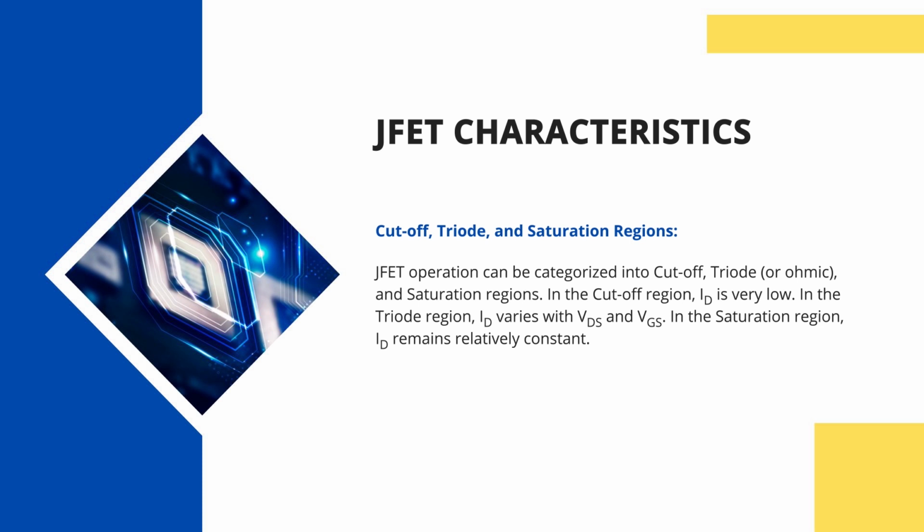In the saturation region, drain current remains relatively constant. So, basically the characteristics are divided into three categories: first is the cutoff region, second is the triode region, and third is the saturation region.